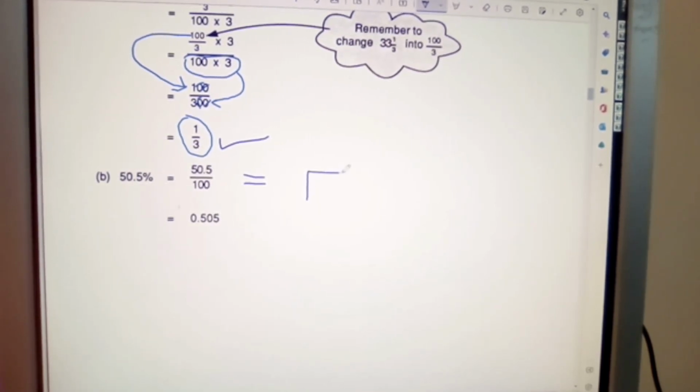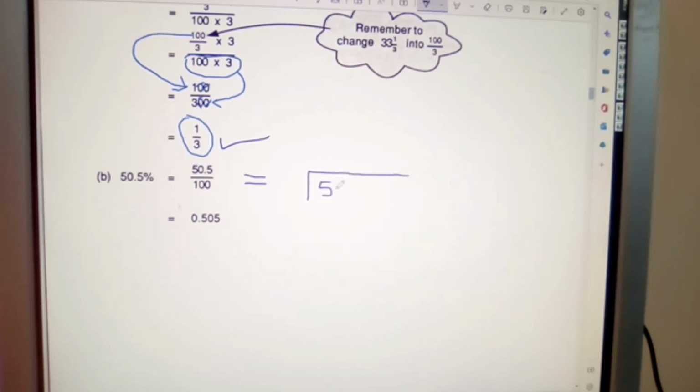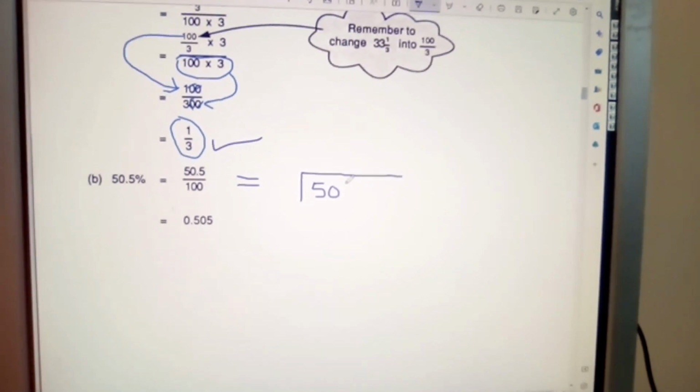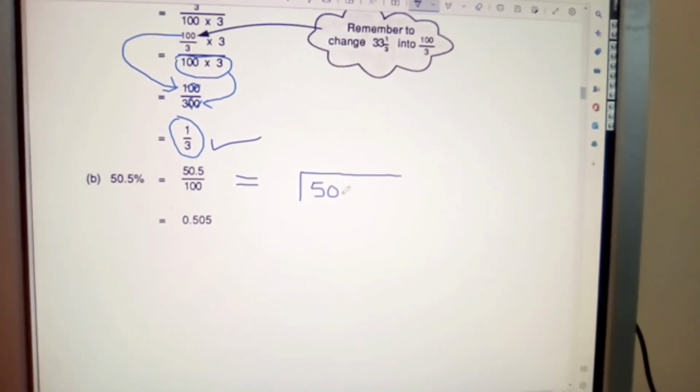And all I'm doing is looking at it from a different perspective, different angle, okay? So 50.5. Now remember, it says a 0.5, but I'm just going to ignore the 0.5 for now, okay?